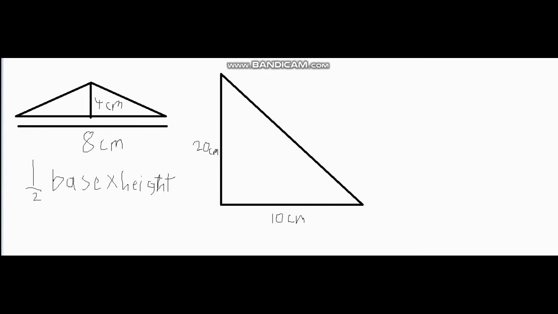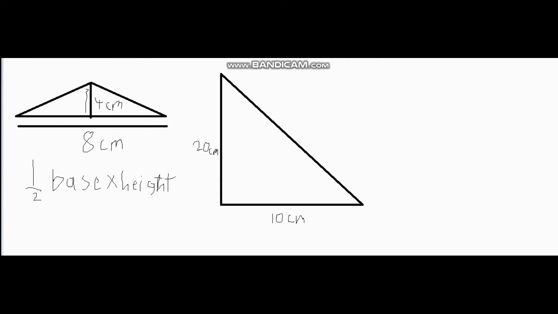So for this formula, we basically multiply the length of the base of the triangle times a half. So again, we divide it by 2 and then we multiply that by the vertical height of the triangle. So from here to here will be the vertical height, and then as you can see, there's a line here denoting the base.